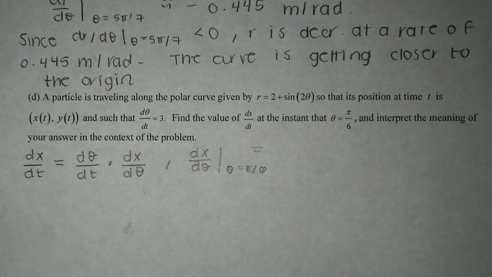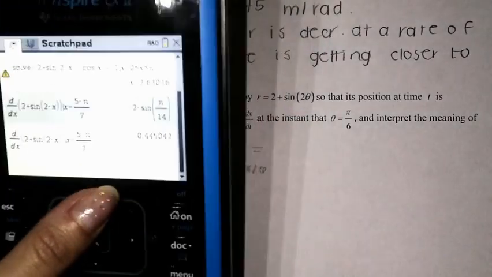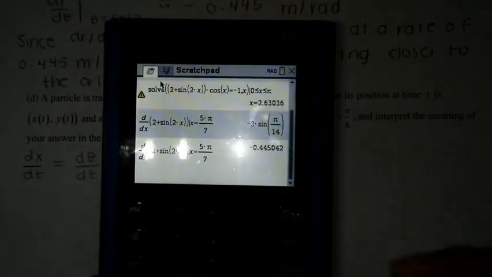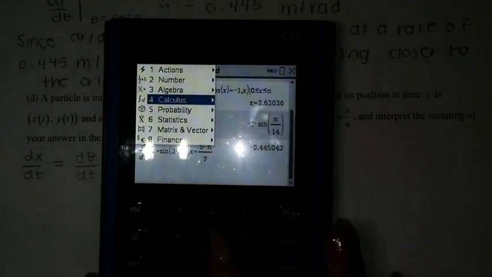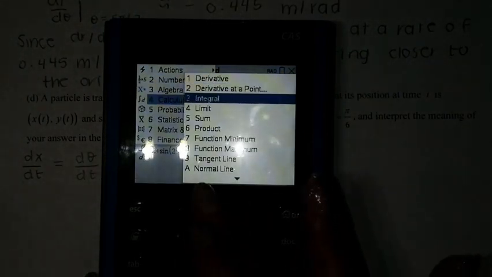Again, you have the derivative at a point. Actually, I didn't save it, so anyway, menu. You have the menu again, calculus, derivative at a point.